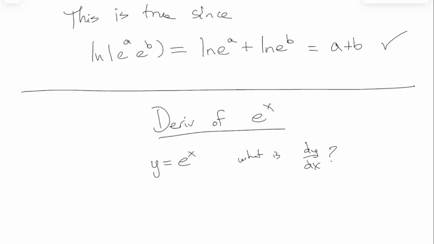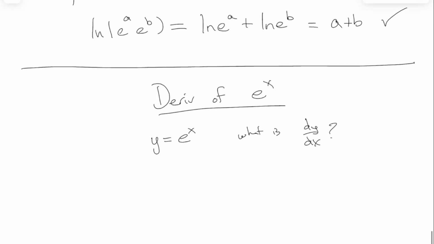Remember the strategy: take the log on both sides and then simplify. So we go ln y equals ln of e to the x. You take the ln on both sides, then simplify on the right side.